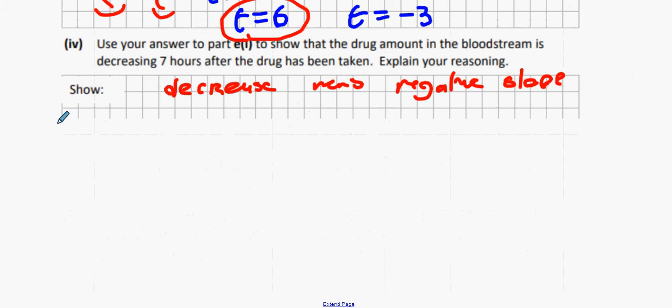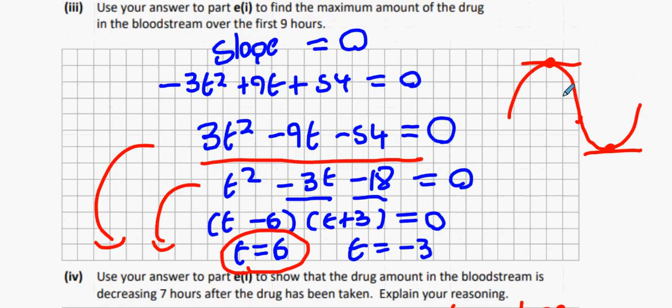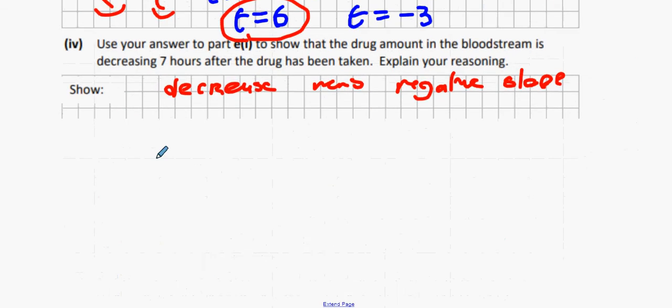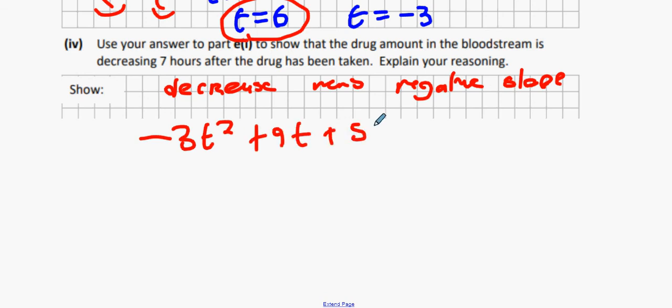Decreasing means you're on your way down. It means that your graph is on its way down. It means it has a negative slope. I have to prove that the slope is negative. The slope formula is the first derivative. The first derivative is this here. And what I'm hoping is that when I put in 7, I'll get a negative slope. Let's find out.